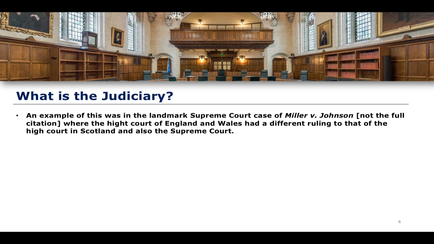This case refers to the attempted prorogation of Parliament and the question firstly of whether or not it was a justiciable question, i.e. a question that a judiciary can actually answer, and then, yes or no to that, whether or not it was therefore lawful.